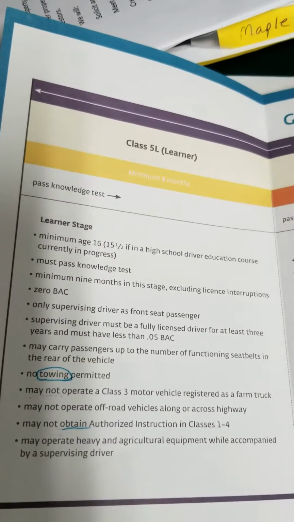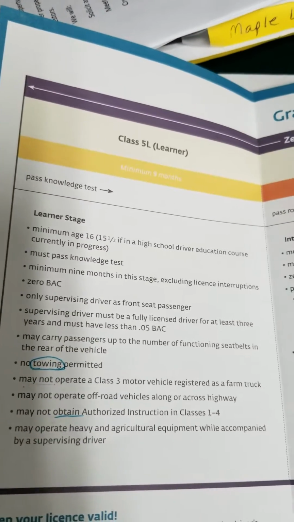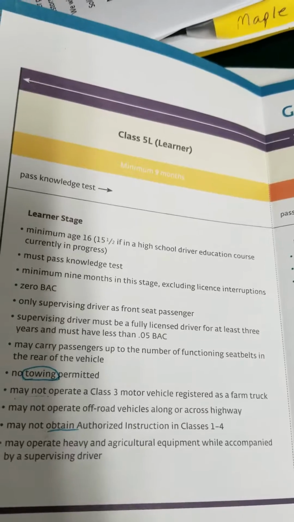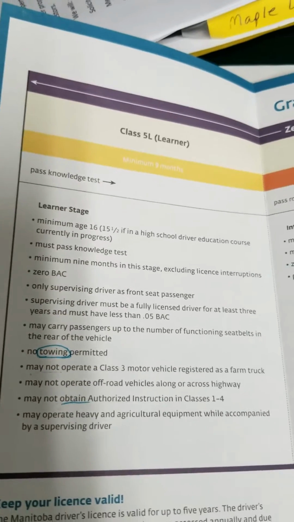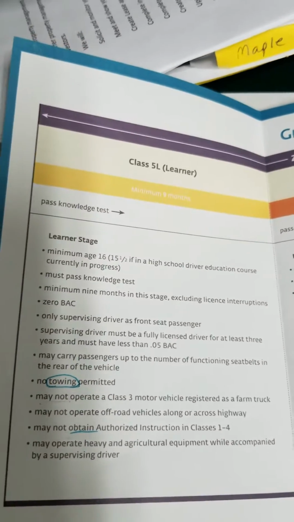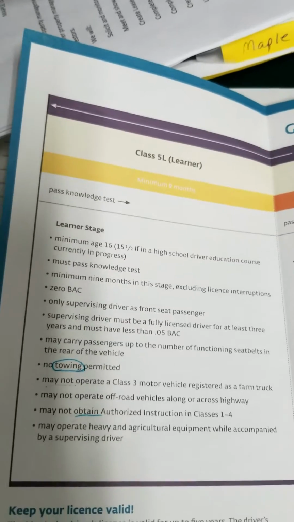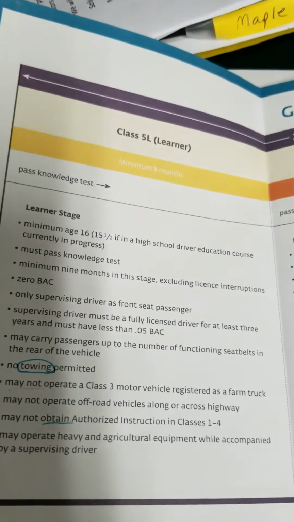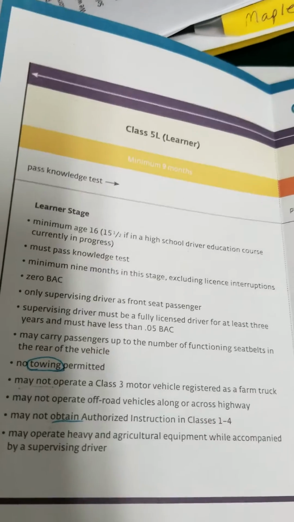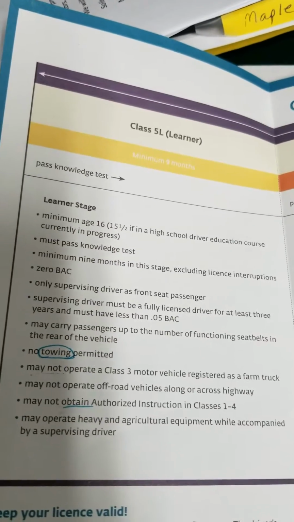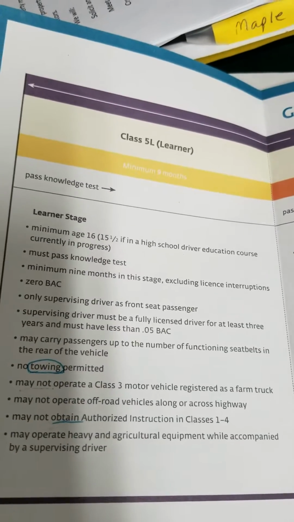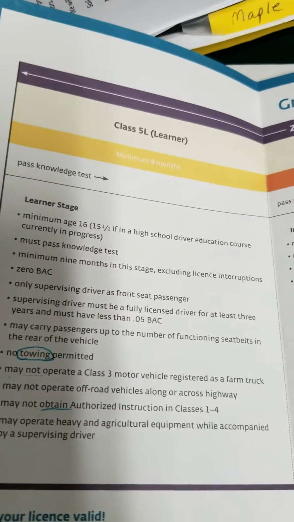Only a supervising driver as front seat passenger. So you can't just have another driver on the front passenger seat. You have to have a supervising driver. That means someone who holds a class 5 full license for 3 years. They are qualified to supervise you.